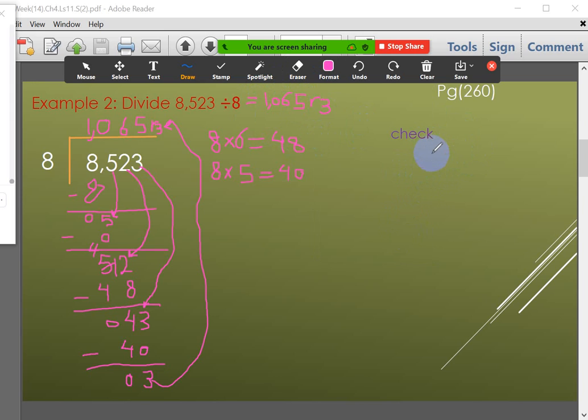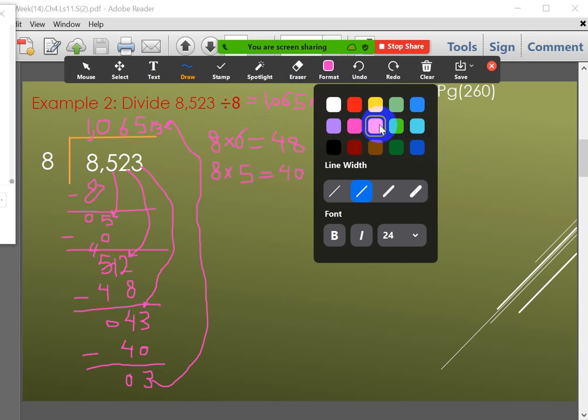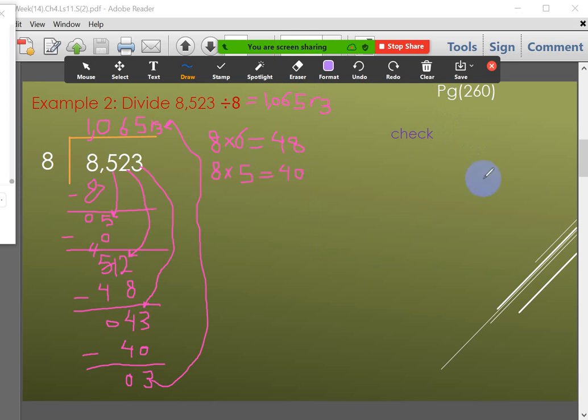The step tells me that you can take this quotient, which is 1,065. Okay. This is the quotient.